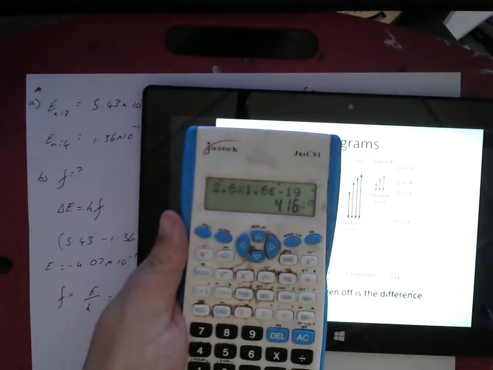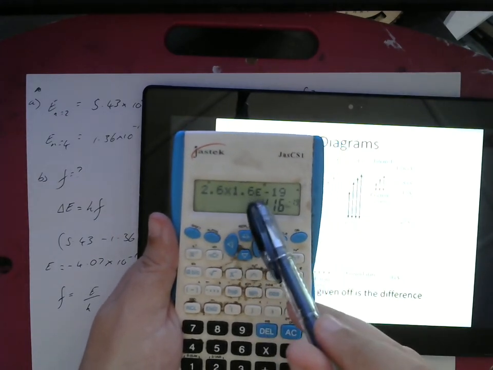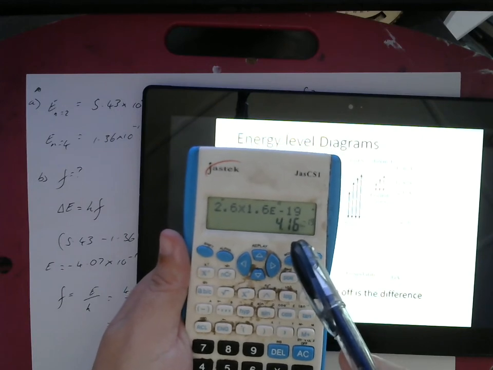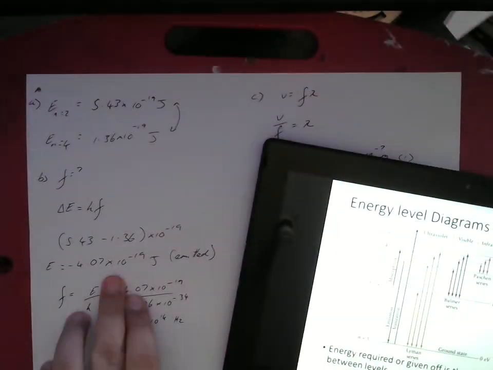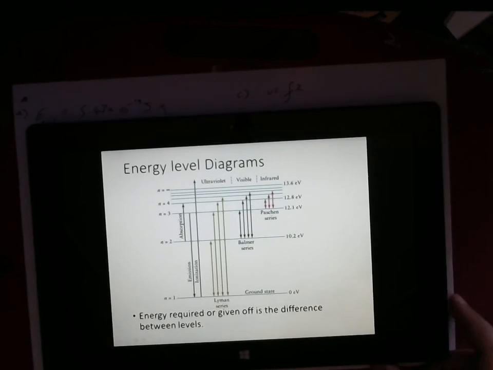If you plug into a calculator, 2.6 times 1.6 times 10 to the negative 19, you get 4.16 times 10 to the negative 19, which is, in this case, very, very close to that.